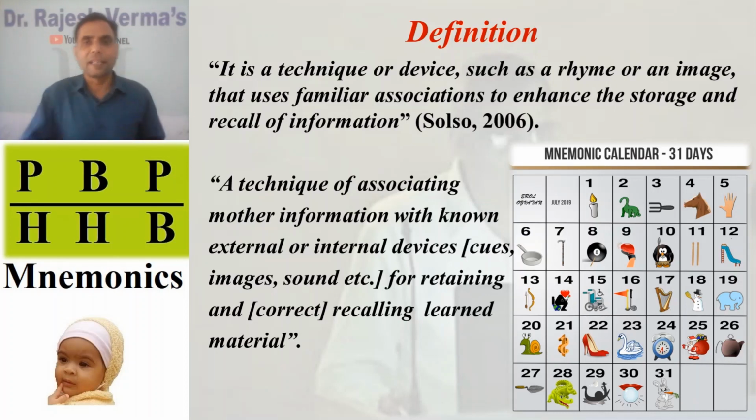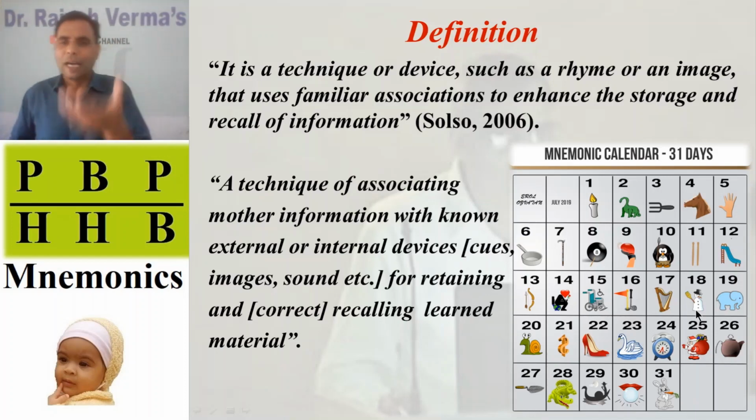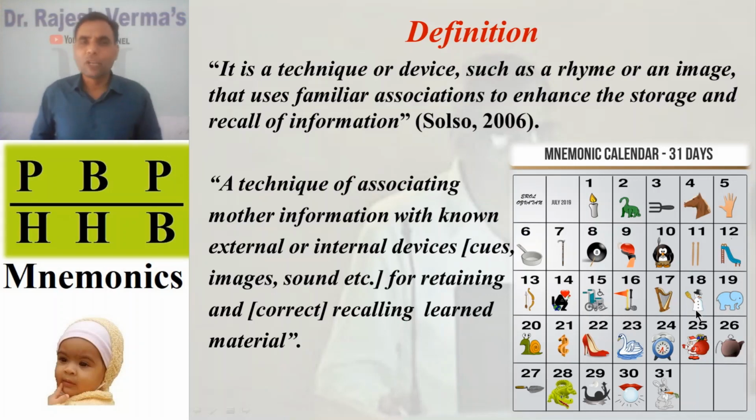See, there is a mnemonics calendar here, 31 days here. So how to remember that? These are, as I told you, a kind of visual mnemonics. Then comes a technique of associating mother information with external or internal devices. What are the devices? Your cues, images, sound, etc. for retaining and, my dear friend, recalling the learned material.